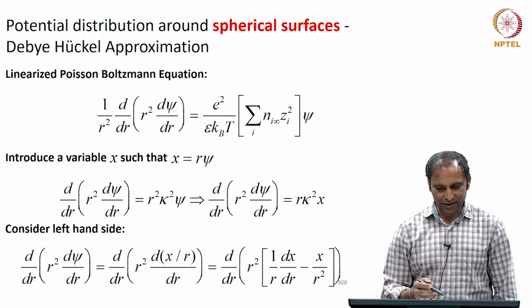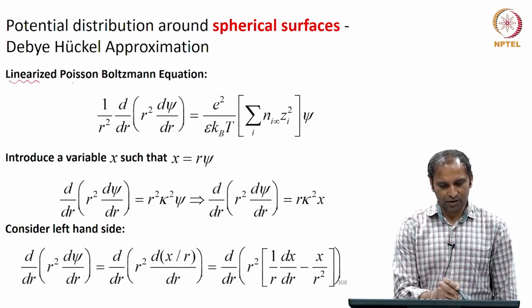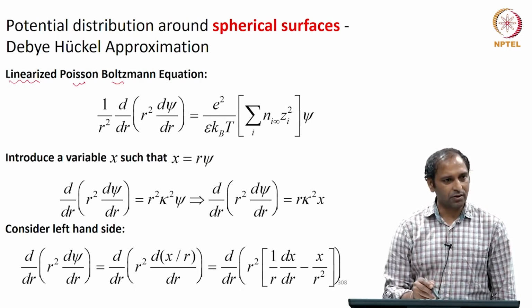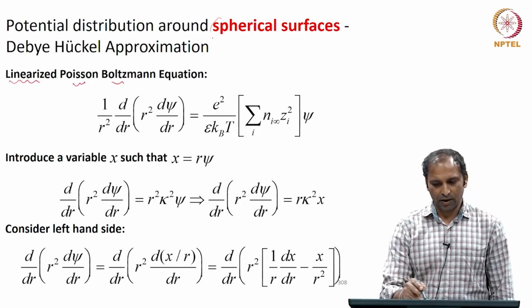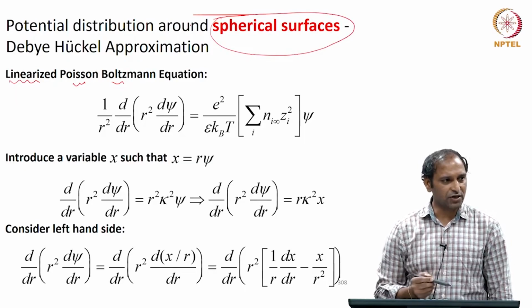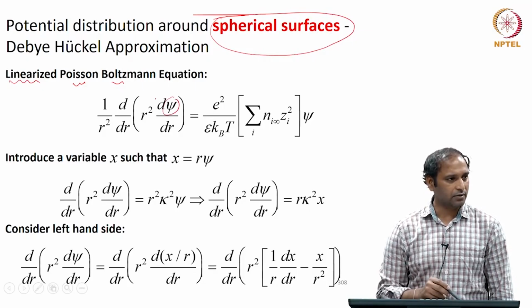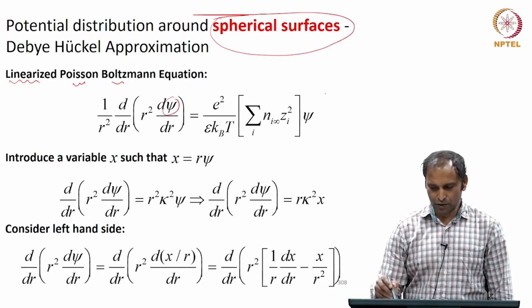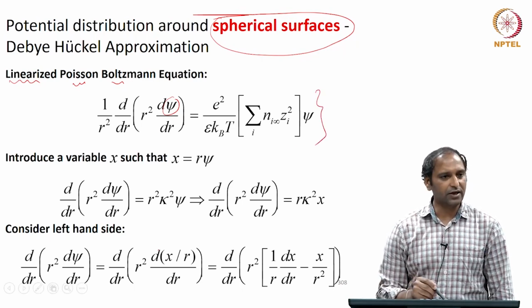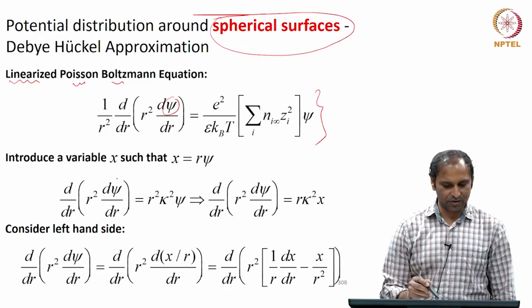Briefly, I had mentioned this yesterday. This is the linearized Poisson-Boltzmann equation, but for the case where I have a spherical surface that is charged, and I would like to look at the variation of psi with r. We start with the linearized PB equation and do some simple modifications.